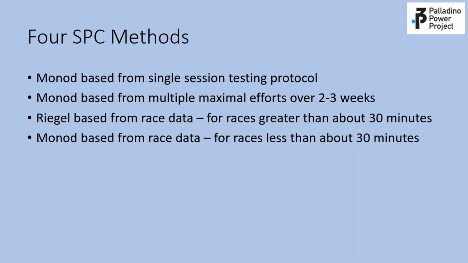And then the one that we'll be introducing in version 5 is another Monad based calculator that is applied to race data for estimating FTP and CP, but it's applied best for races that are less than about 30 minutes.